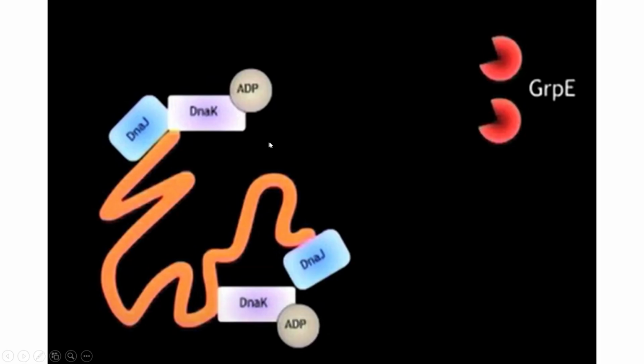Sir has given an animated video. If you go through these lectures, you can take a look at how Sir explained in the animation how protein folding can take place with the help of these specific enzymes.